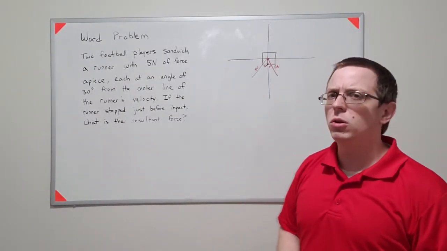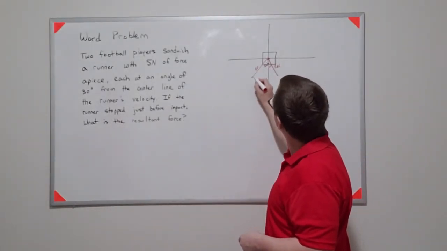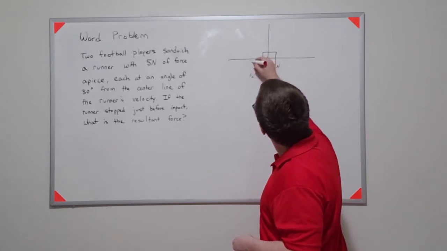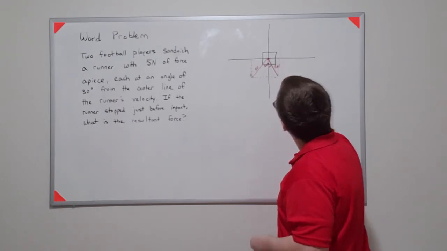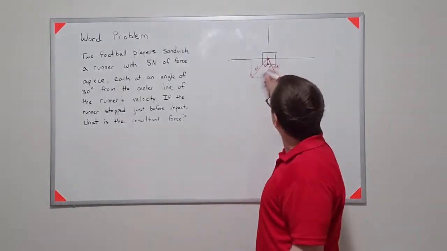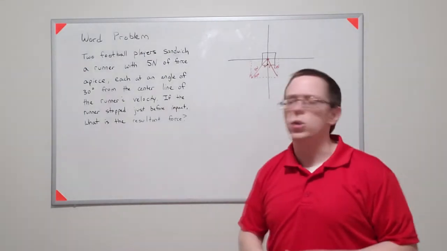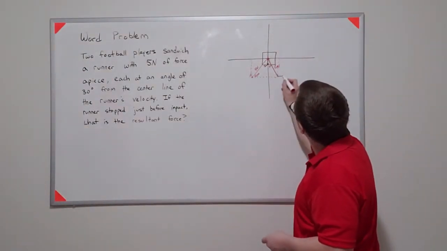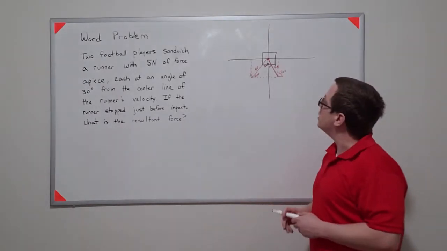Now, the direction's a little bit different because if it's 30 degrees off center line, then the actual angle of this vector is going to be 60 degrees because it's that 30, 60, 90 triangle. And the angle of this vector, if that's 60 degrees, this is actually 120 degrees, right?